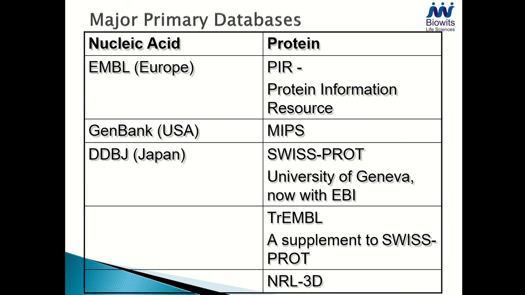Or the MIPS, yung protein na yon. And then in Japan, meron din silang DDBJ. Ano yung protein na yon? We have the Swiss-Prot, the University of Geneva, now with EBI. Ayan, so we can see the different proteins. So we have these databases, okay?